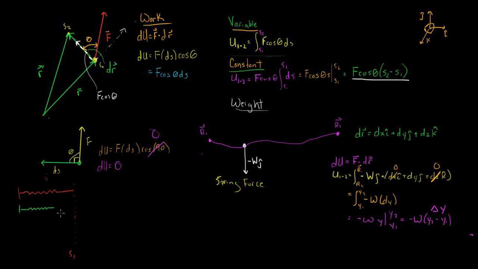So right here, we're going to have a force like this, and this position right here is S2. Or we could have a force that elongates and stretches the spring.